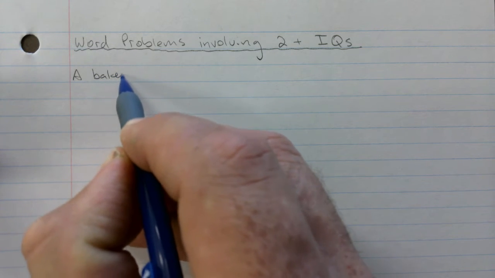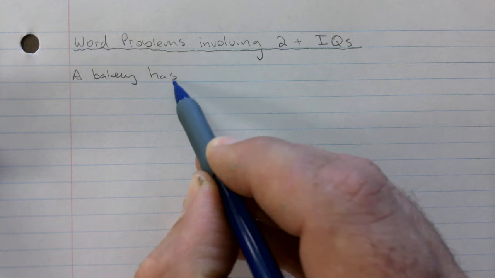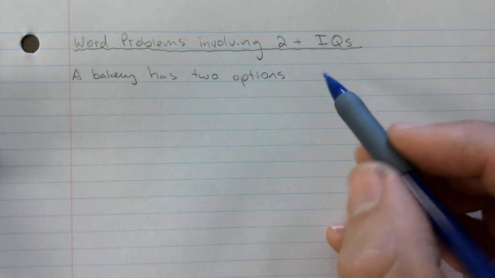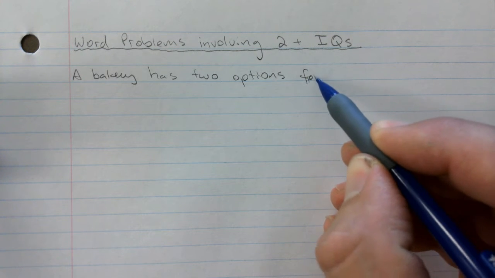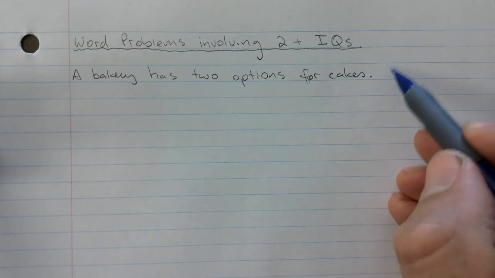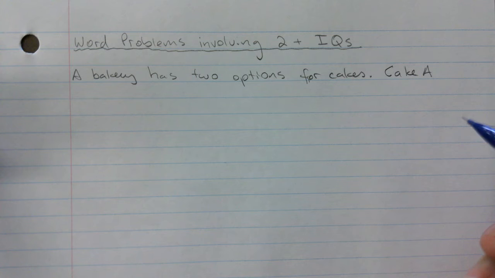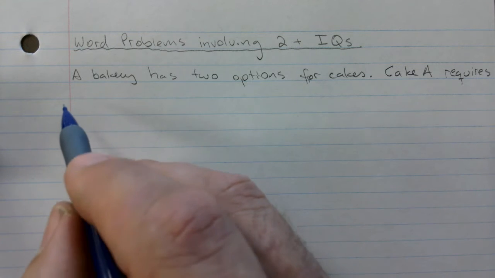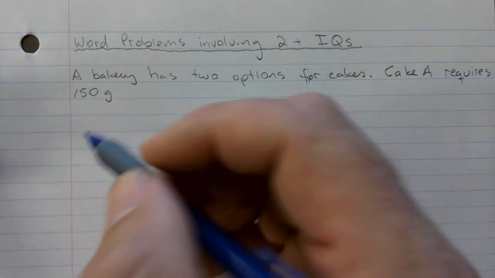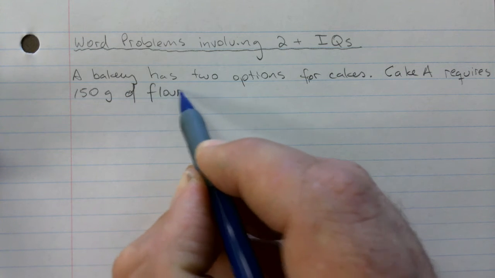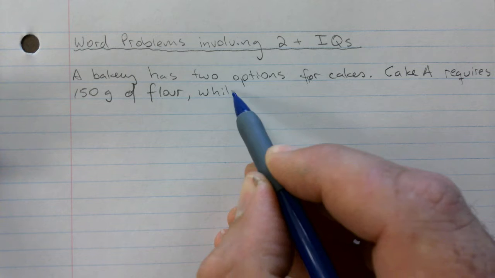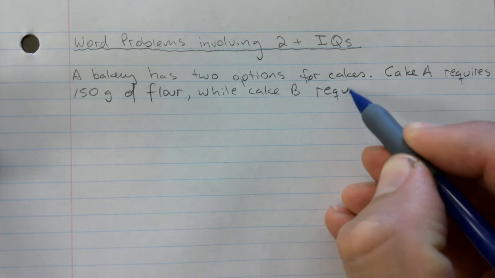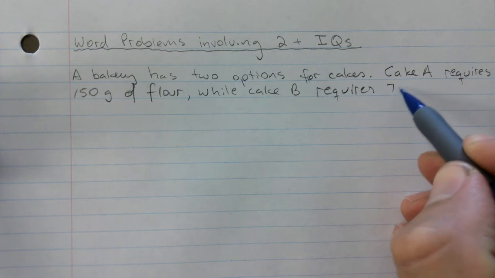A bakery has two options for cakes. Cake A requires 150 grams of flour, while cake B requires 75 grams.